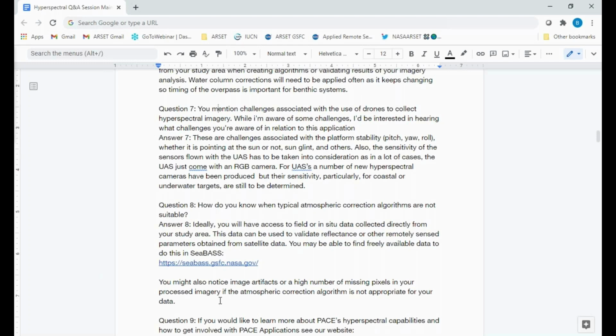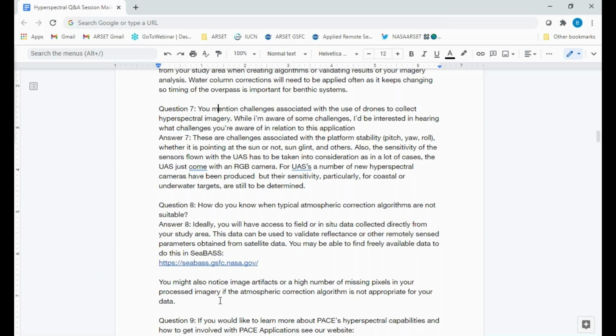But there are challenges associated with things like platform stability and geo-rectification, the issues with the pitch, yaw, and roll of the platform, whether, for instance for water targets, it's pointing at the sun or not, if there's sun glint in the image, and others. Also, the sensitivity of the sensors flown has to be taken into consideration.